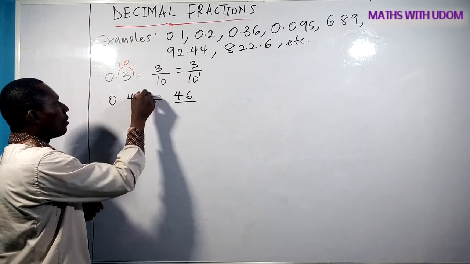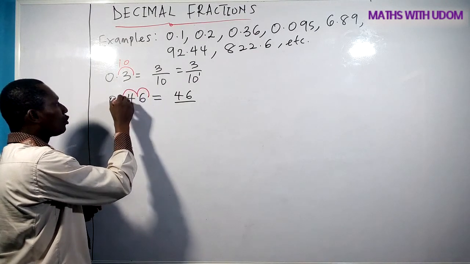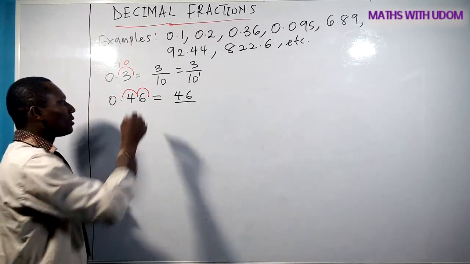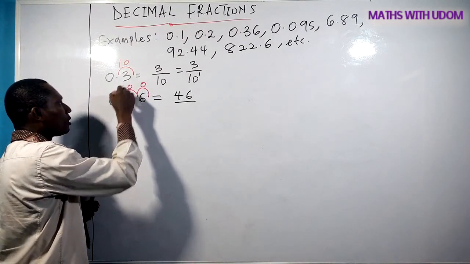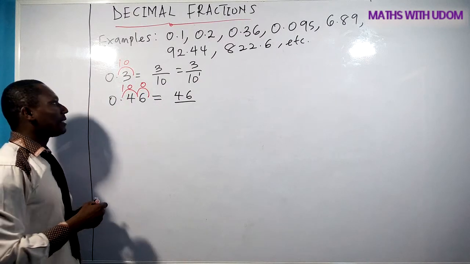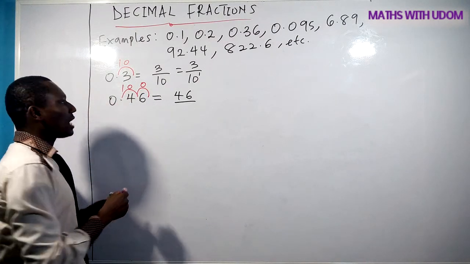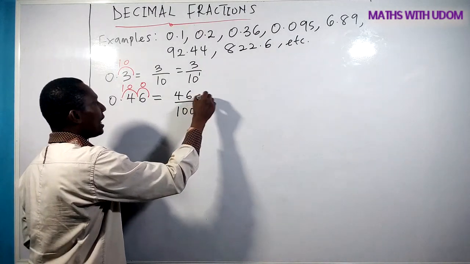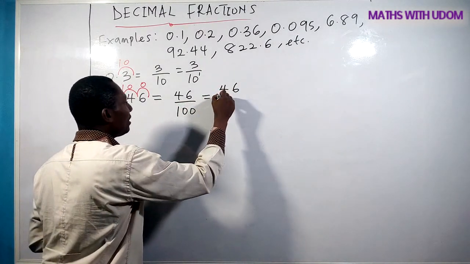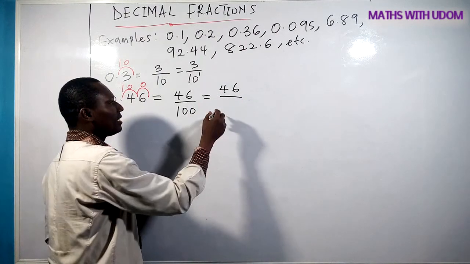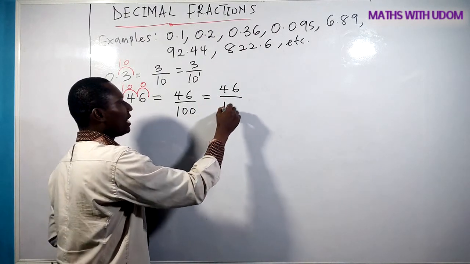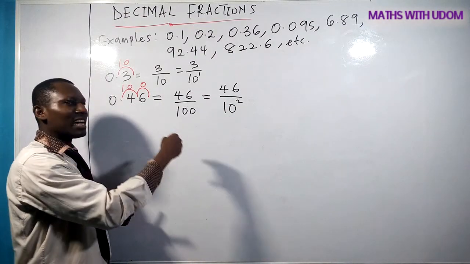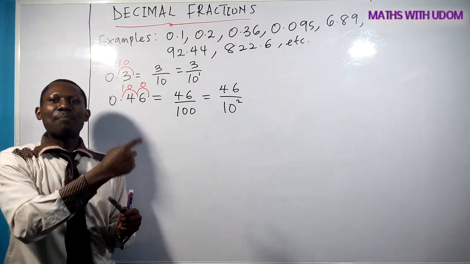Let's move 1, 2. We move how many times? We move 2 times. So we have 2 zeros, 1, 2. Then you put 1 at the back. That gives us 100. So I'm dividing 46 by 100. And that can be rewritten as 46 divided by 10 raised to the power of 2. You can see the denominator can be written as a power of 10.